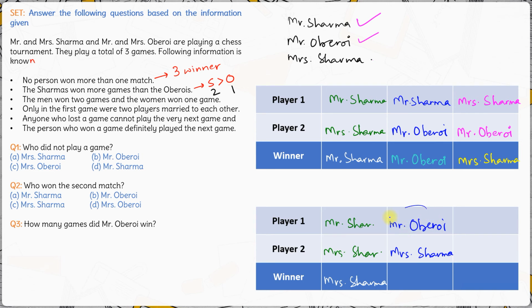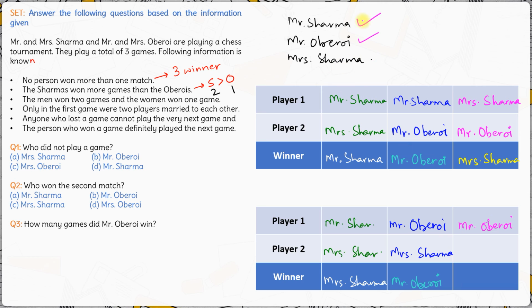The winner of this match has to be the second player, which can only be Mr. Oberoi. So Mr. Oberoi wins the second match again in this case, and advances to the next round.